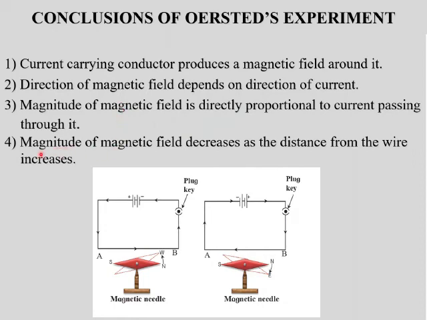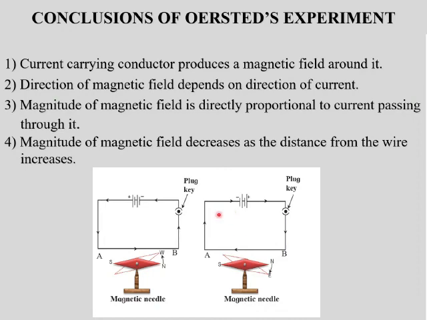And the fourth observation: magnitude of magnetic field decreases as the distance from the wire increases. Right now, we have kept the magnetic needle very close to the conducting wire. But gradually, if we start taking the magnetic needle away from the conducting wire, we observe that the deflection goes on decreasing.